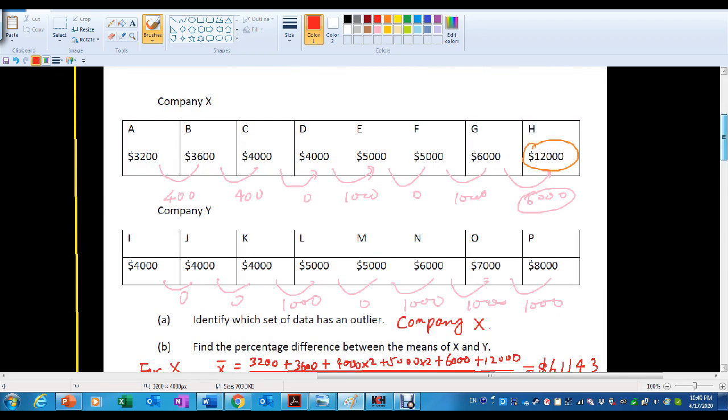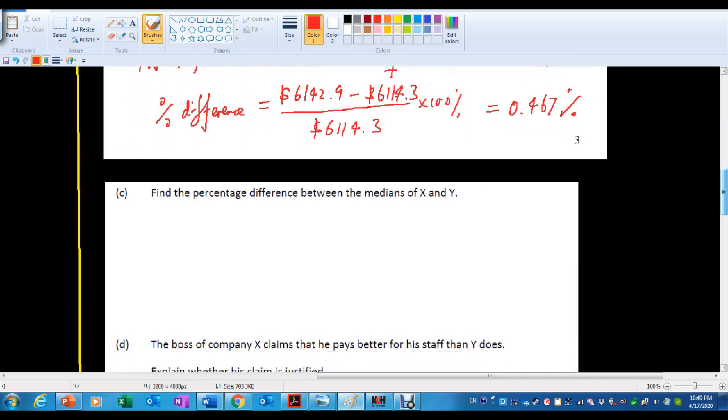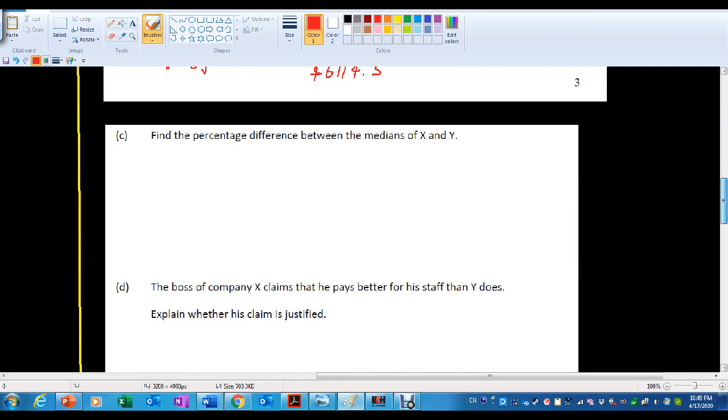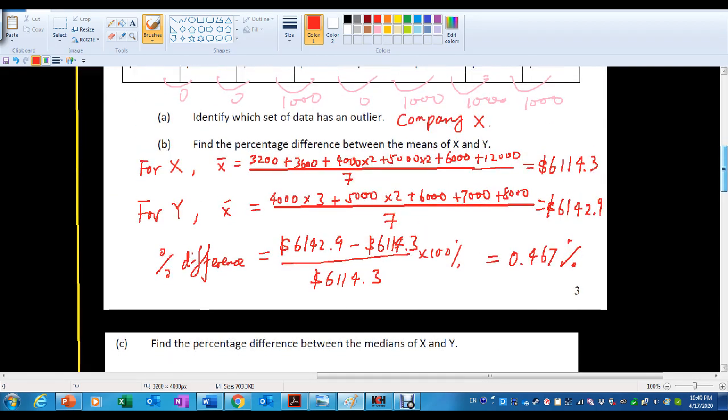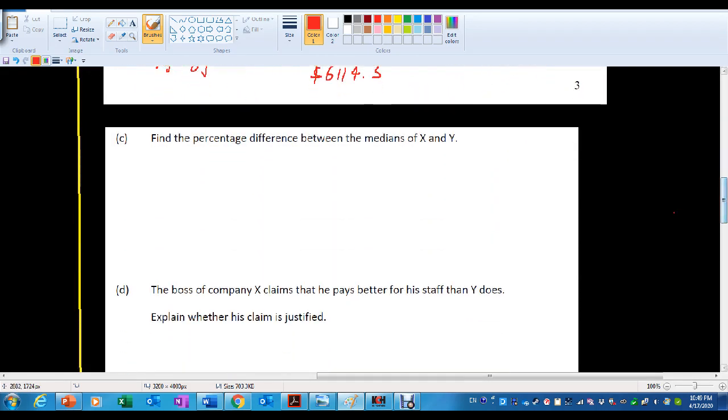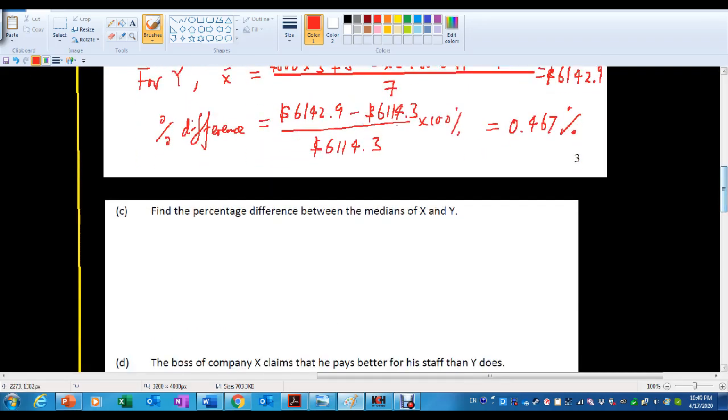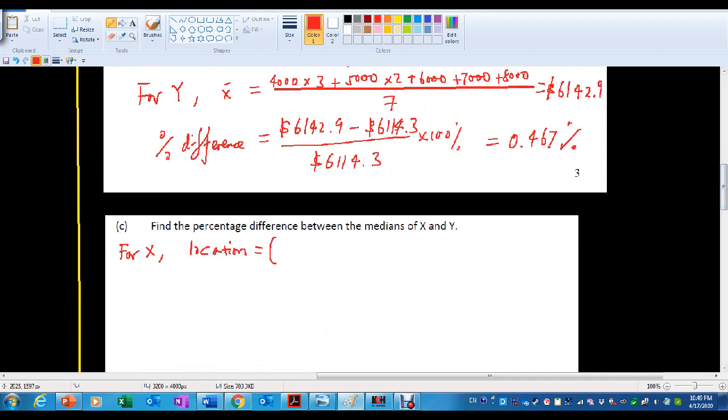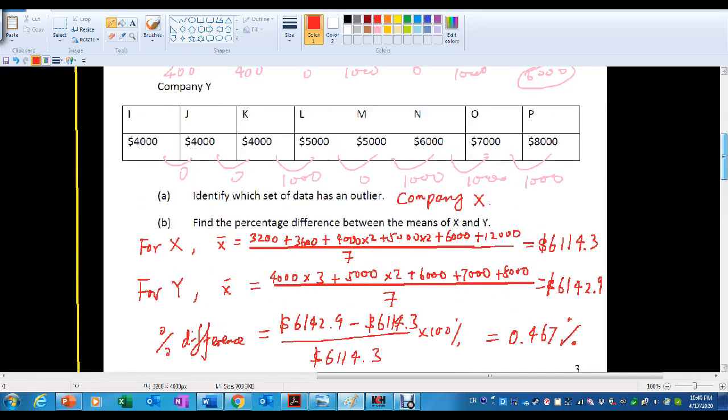Alright, let's see. Find the percentage difference between the medians. So we need to find the median. For X, there are seven data, so the location of the median should be the fourth data.